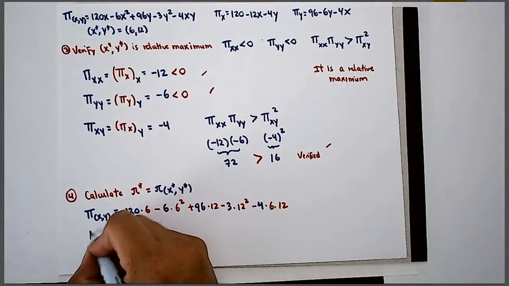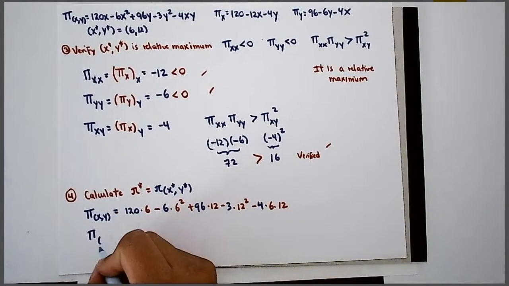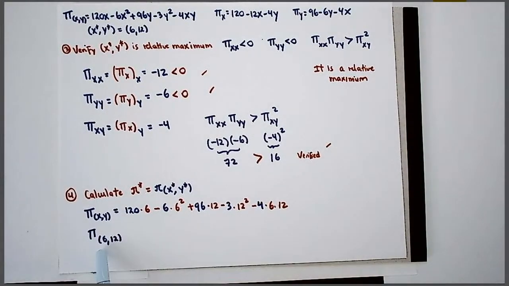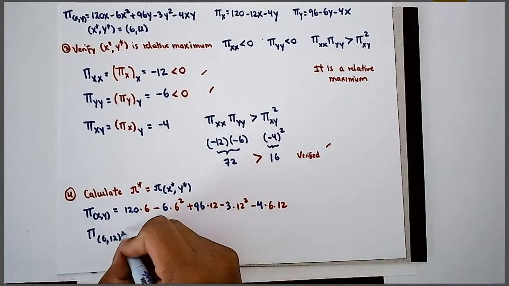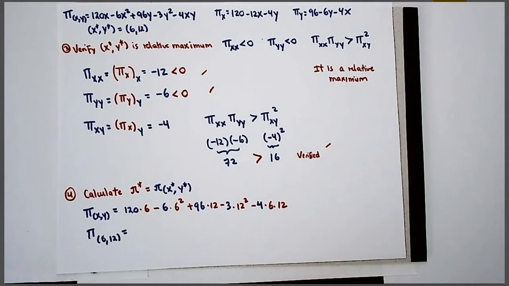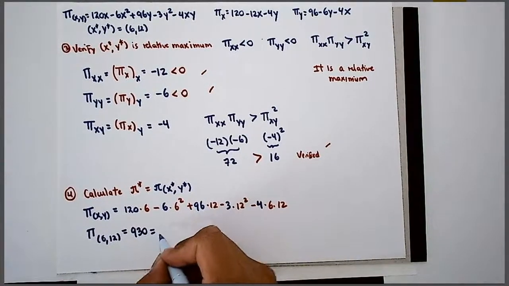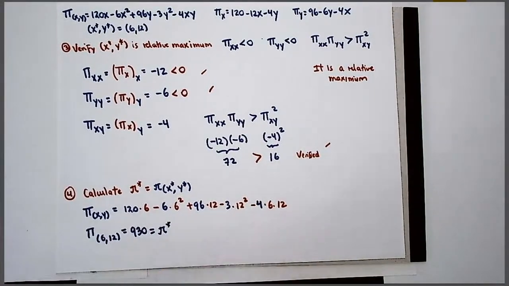This means that the optimal profit, inserting the values of x equals 6 and y equals 12, is equal to 930. So this is our optimal profit.